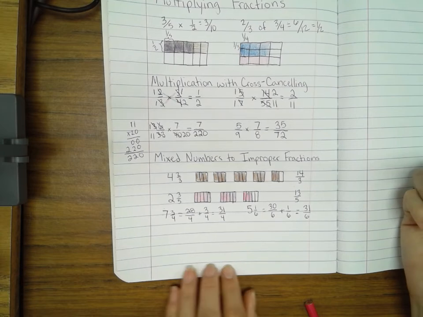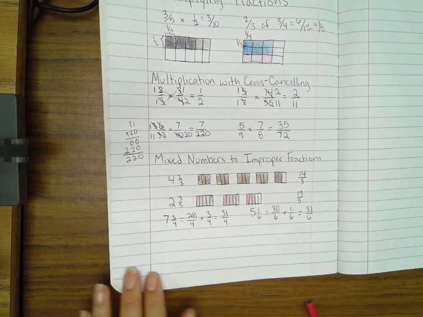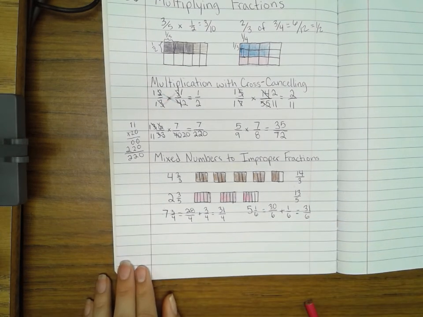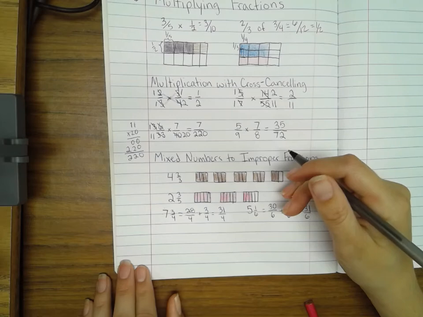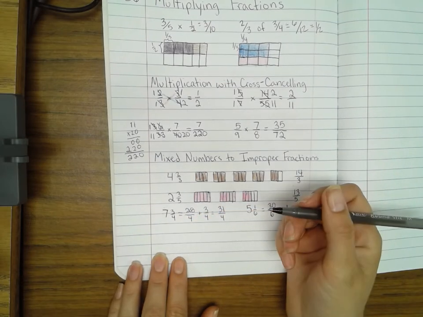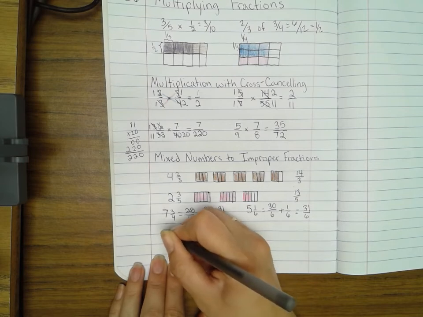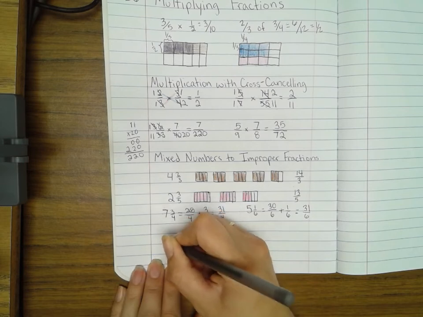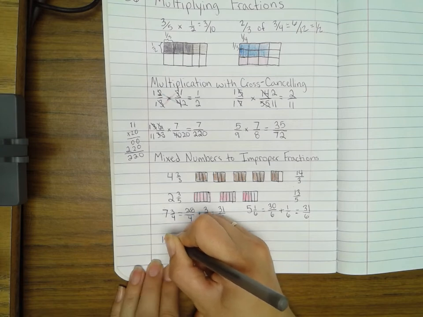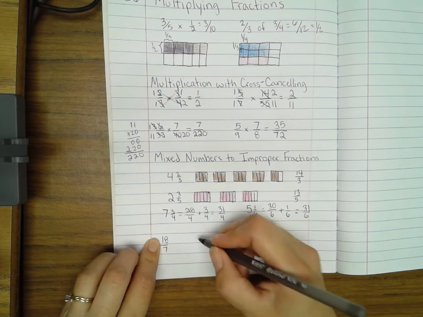Okay, what if I need to go backwards? What if I need to go from the improper form to my mixed number? Well, the opposite of multiplying and adding would be dividing and subtracting. So I'm going to divide and see how many whole units I can get out of my pieces. So let's say we have 18/7. How many times will 7 go into 18?